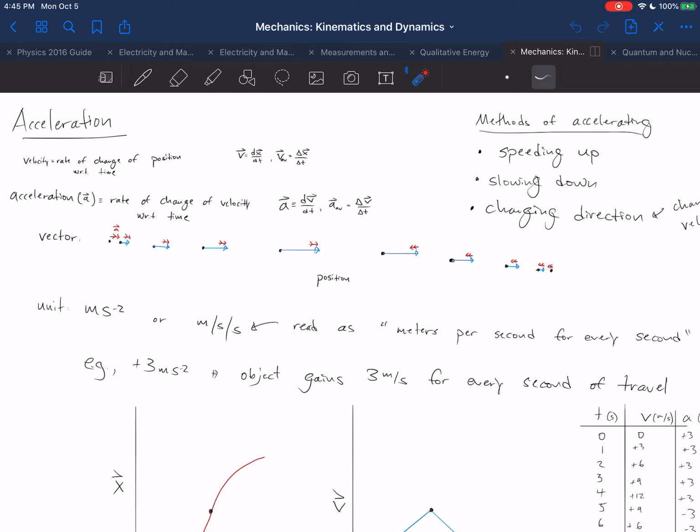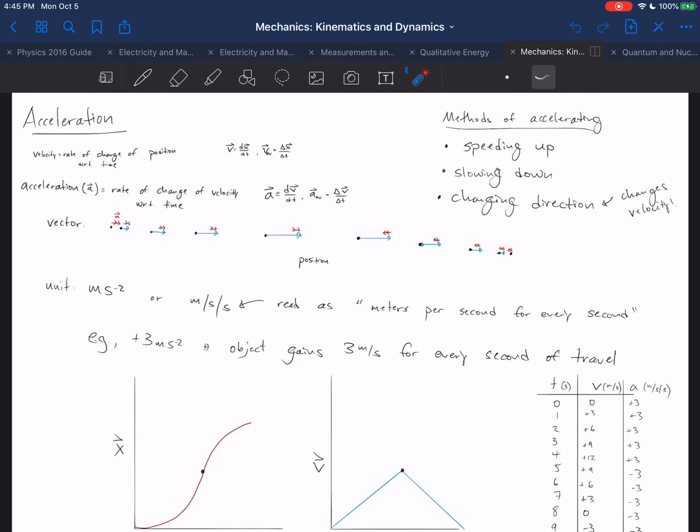That would be a case of acceleration. And notice if you were to slow down more quickly, so if your rate of slowing down was larger, then your acceleration would be larger as well. A technical term that always means slowing down is deceleration. And finally, there's one more interesting way in which you can accelerate, and that is by changing the direction of your velocity.